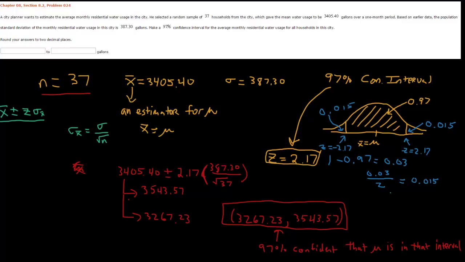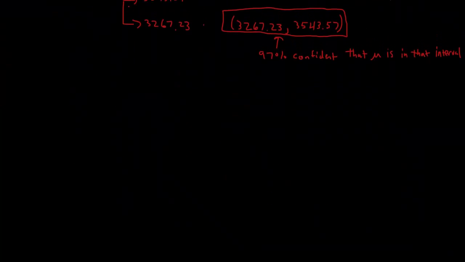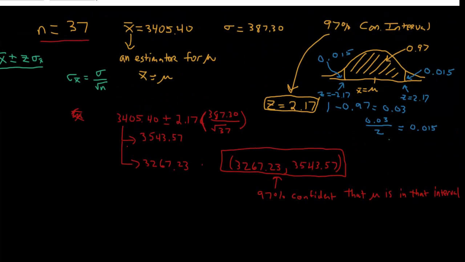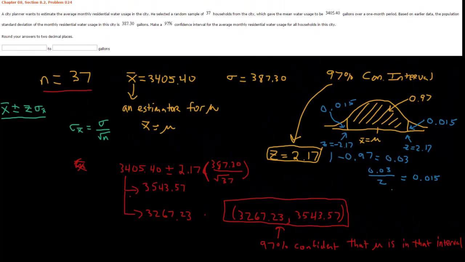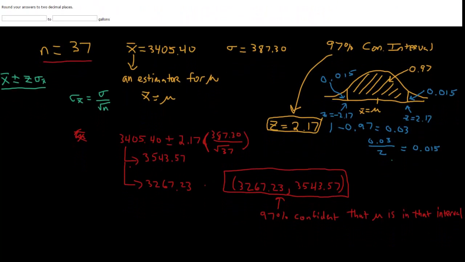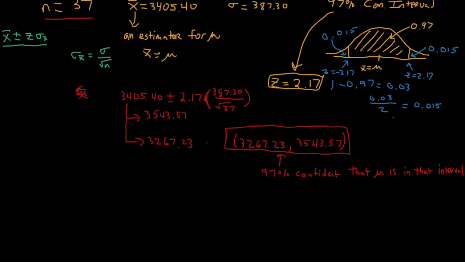That is, if we increase the sample size, you get a better estimate, a tighter estimate around mu. So there is our current interval. That's at 97%, and our sample size is 37. Okay. What if we, let me go to a new color.